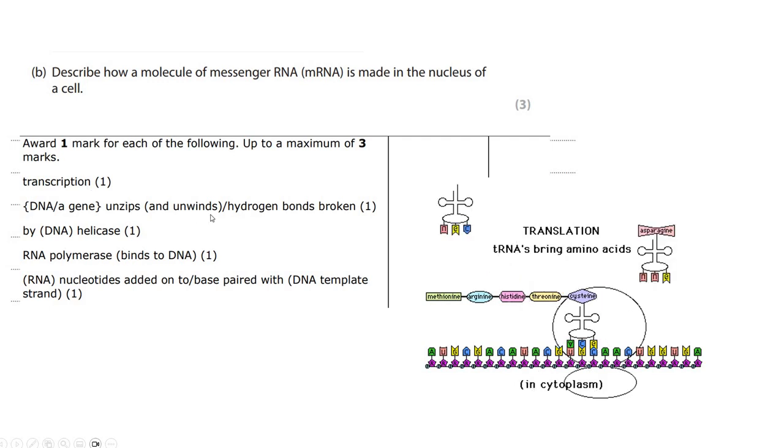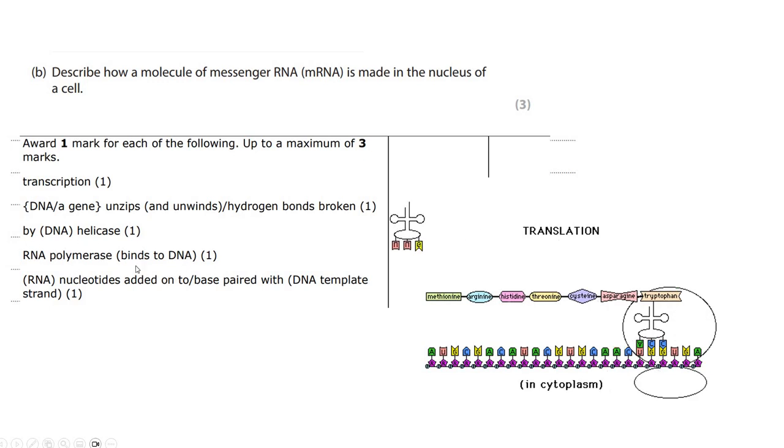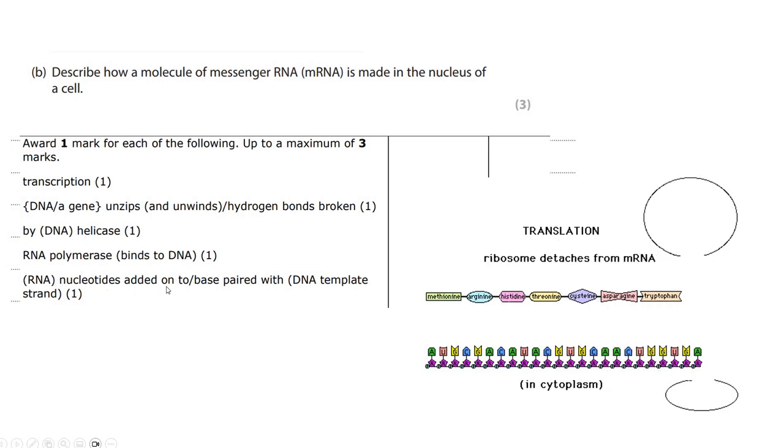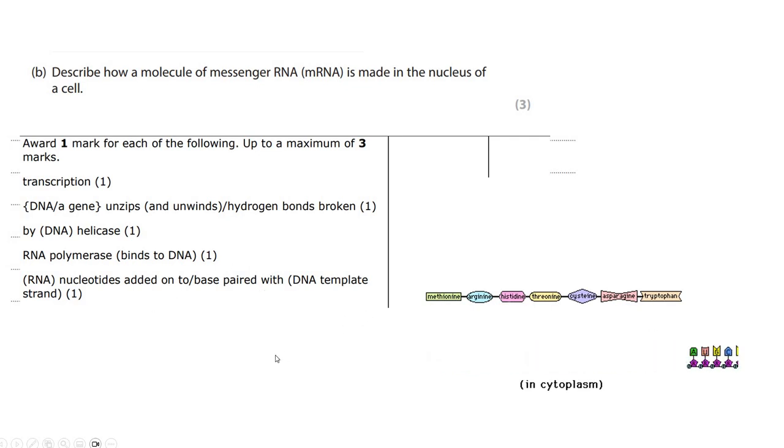So transcription unwinds the hydrogen bonds by DNA helicase, then RNA polymerase binds to the DNA, and then RNA nucleotides are added or base paired with the DNA template strand.